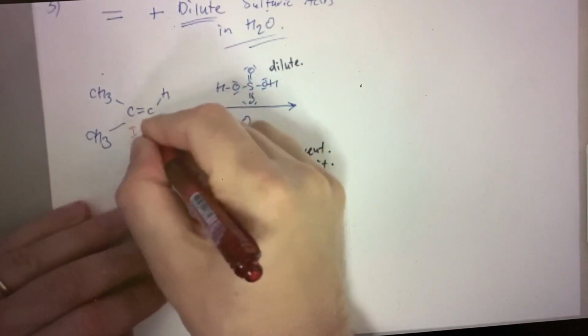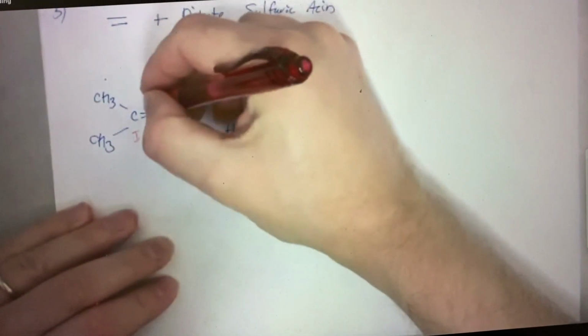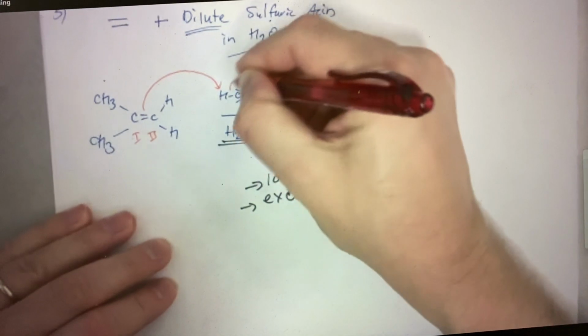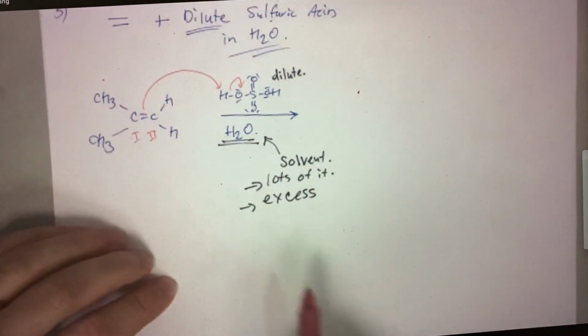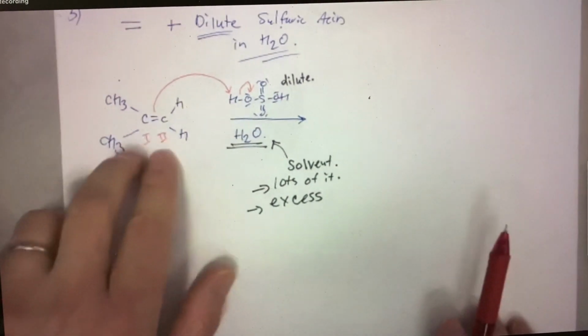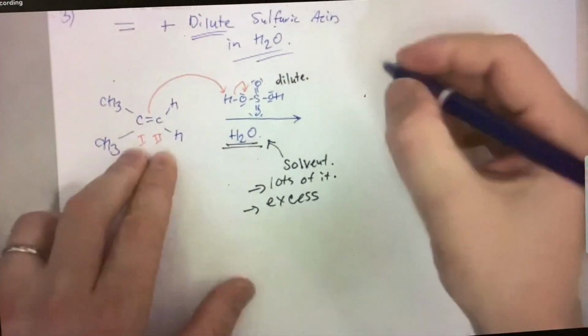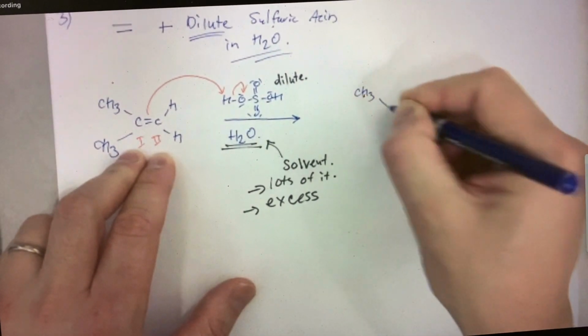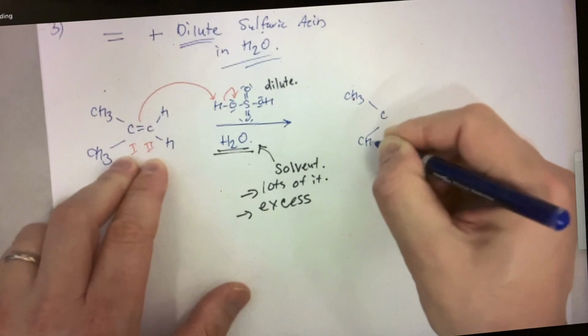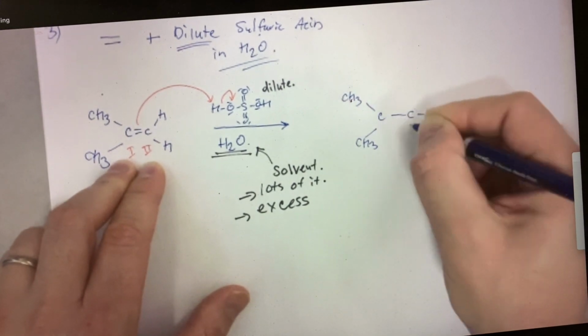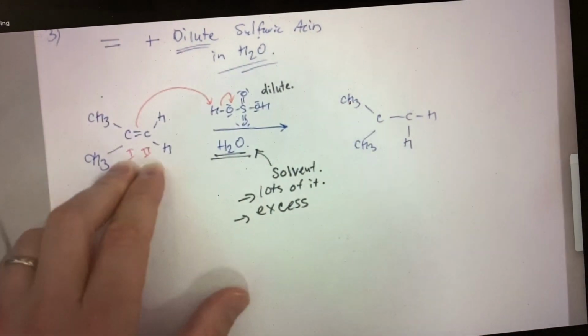We have an alkene that's unsymmetric. We've done this type of problem 3-4 times now. Hydrogen is going to form a new bond at one of these two positions. I'm not going to go through and spell it out anymore.